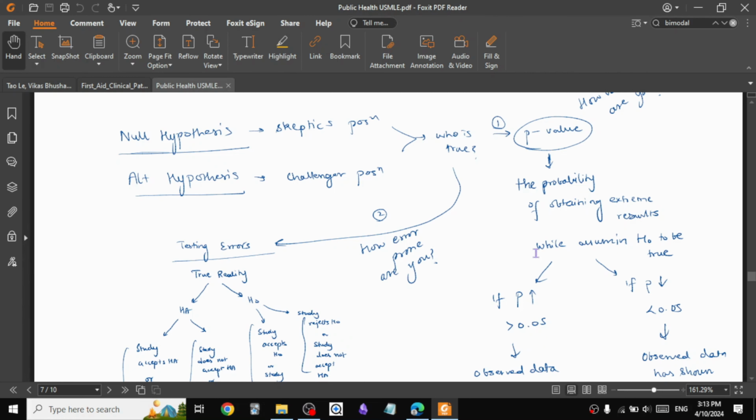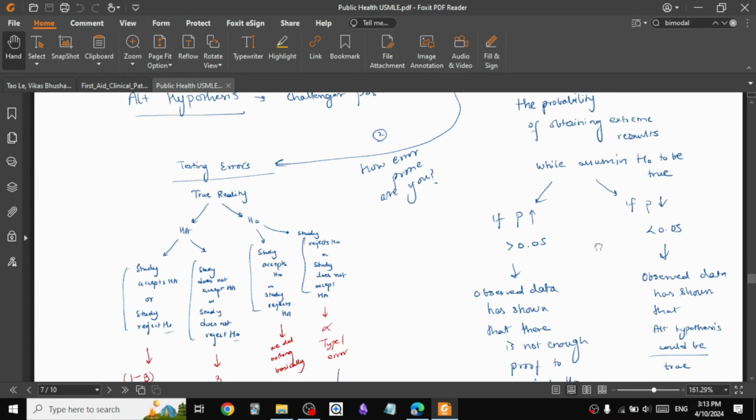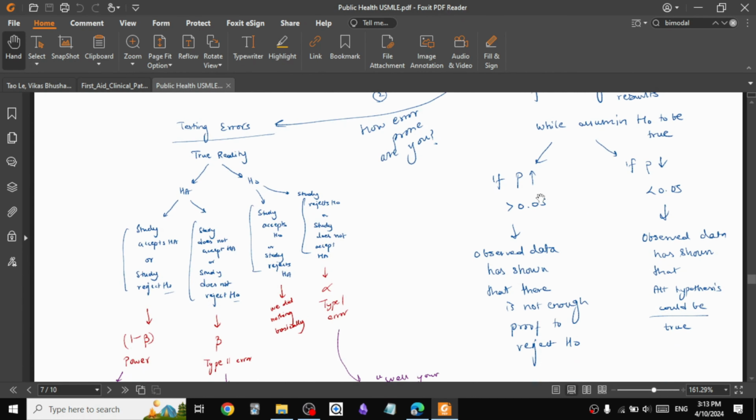But if the p-value is lower, that means it's a solid test, and everything is valid and going according to plan. All right, so how do I treat the null and the alternate hypothesis in terms of p-value? If the p-value increases, that means it's greater than 0.05. If I convert this into percentage, that means more than 5% of my data is showing a lot of extreme values.